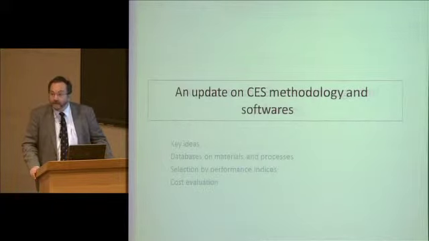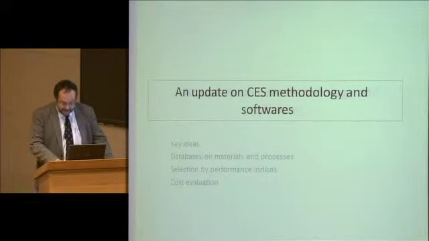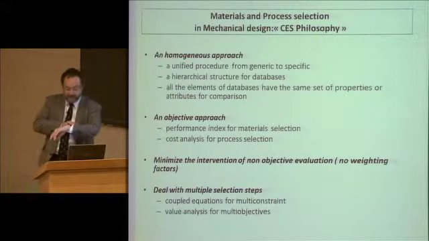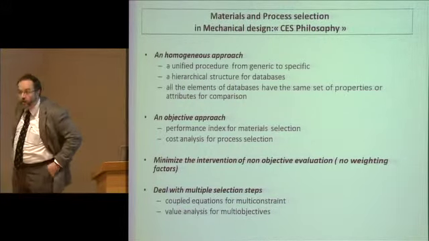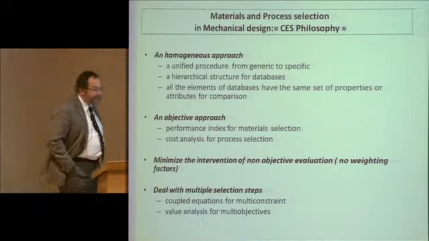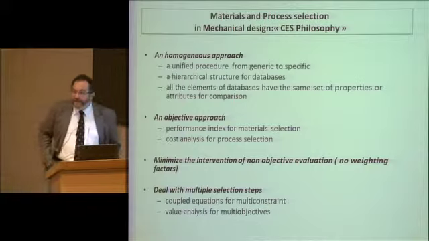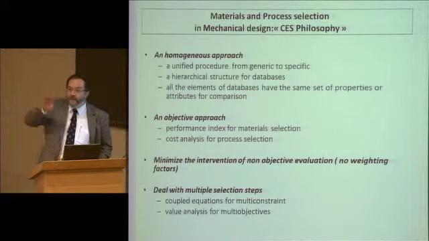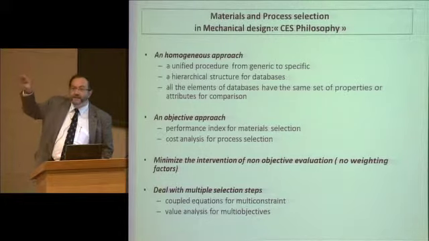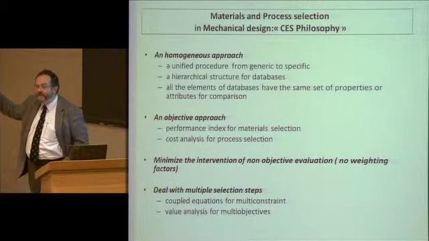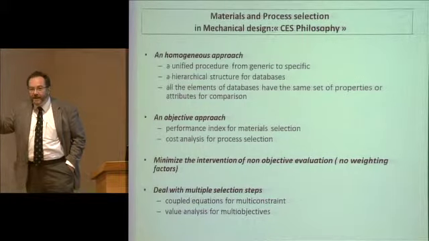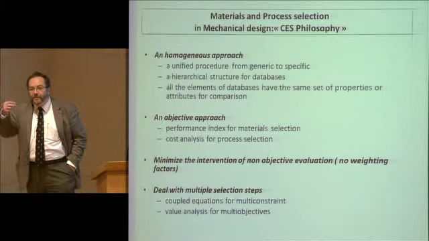So a software is actually based on very simple things, and if we look at the state of play, based on databases that have a certain number of common criteria, you try to find a unified, homogeneous approach. There's a hierarchy within the databases. There's a tree structure. You have metals, you have steels, and then you have low carbon steel, stainless steel, and so on and so forth.